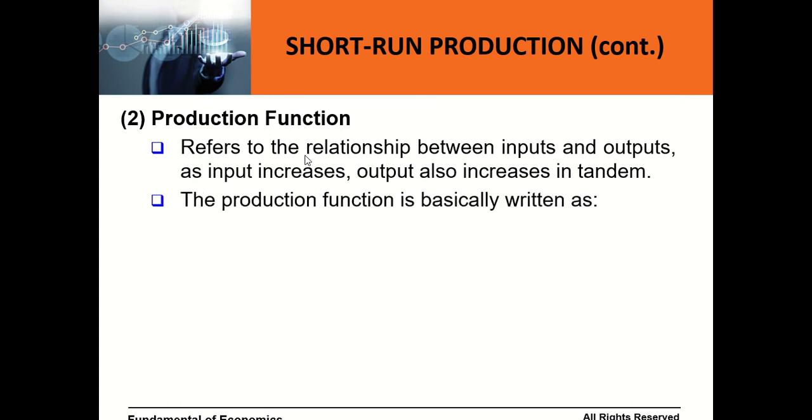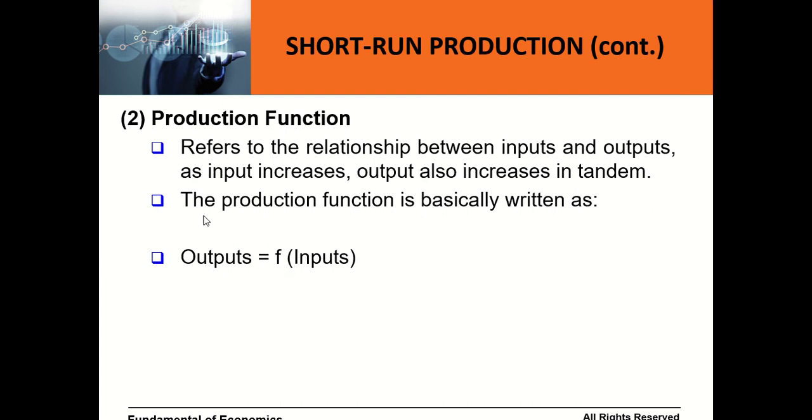Generally, the production function can be written like this: output, for example car, is a function of input. F represents is a function of input. If you want to produce a car, you need the labor, capital, land, and so forth.